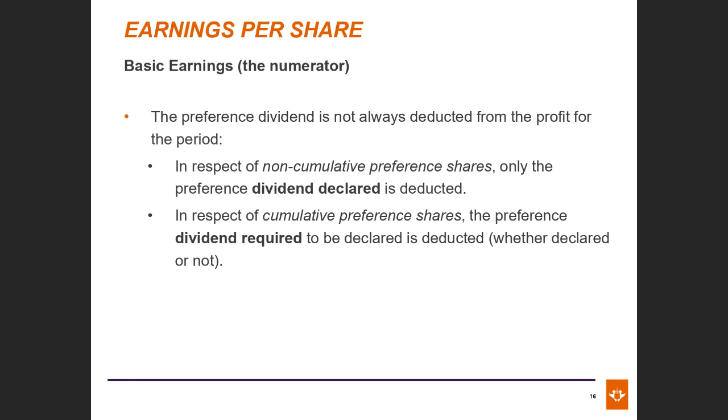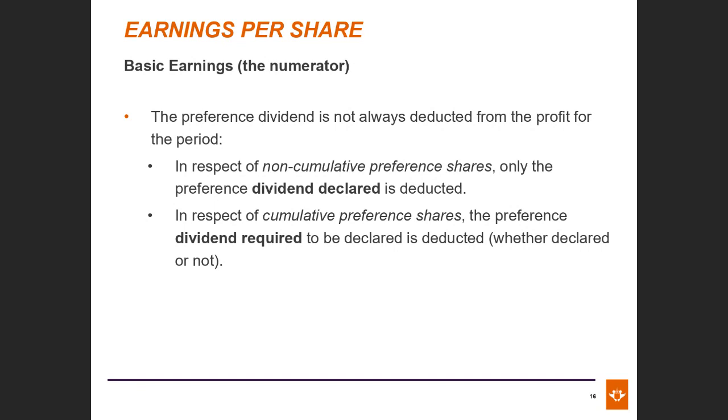If we have a non-cumulative preference share, only the preference dividend declared is going to be deducted. Remember, we are still looking at how to calculate our basic earnings. If we have a preference share that is non-cumulative and no dividend was declared, then we are not going to deduct it when we calculate our basic earnings.